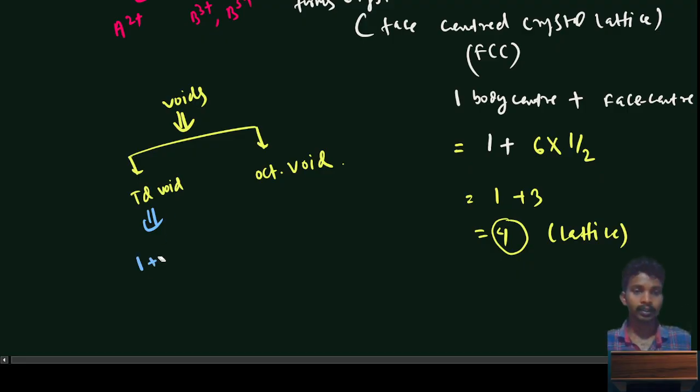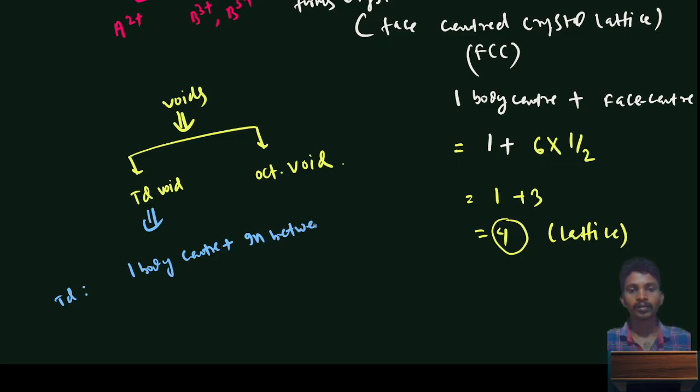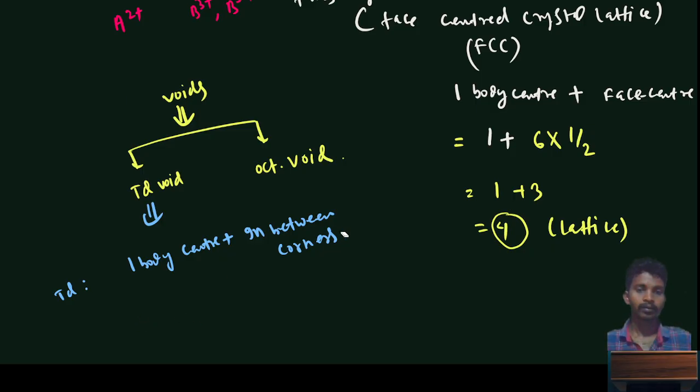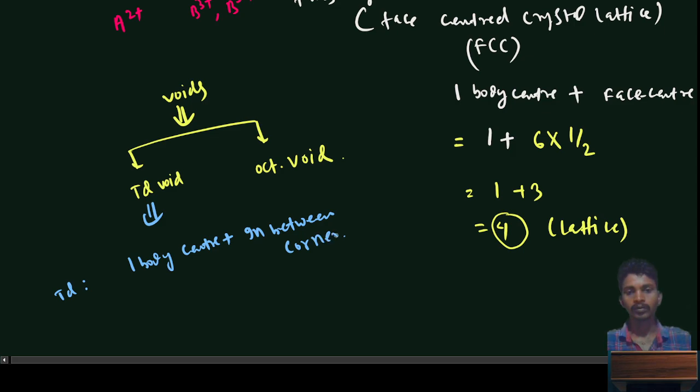The body center contribution is always 1, and in between the corners is the rest. The total for tetrahedral sites is 8.